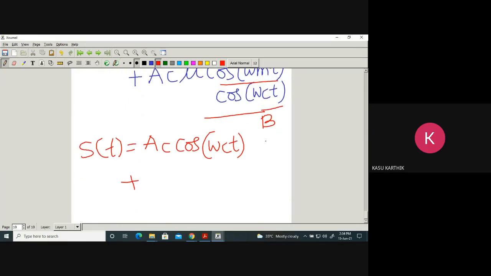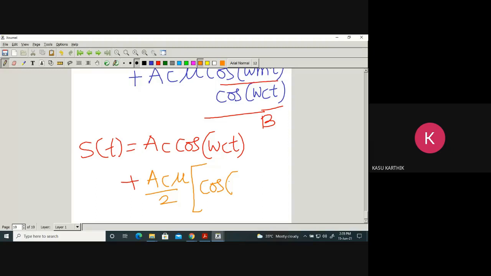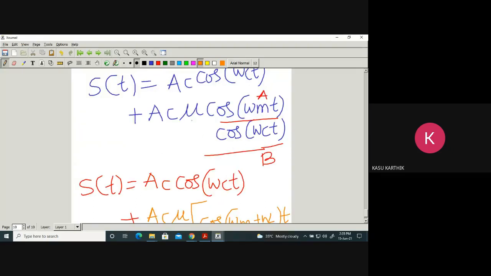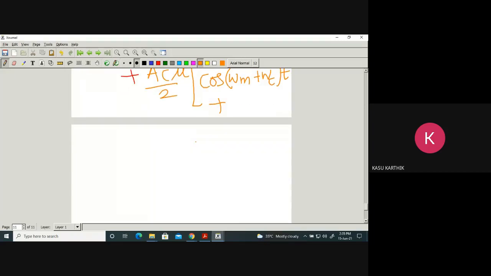Already we have Ac mu, so be careful: Ac into mu by 2. Open the bracket. Cos of A plus B means cos of omega m plus omega c into t, plus cos of A minus B. What is A minus B? Omega m minus omega c, or the reverse is also okay, because cos is always positive. So let me write here plus cos of omega c minus omega m into t.